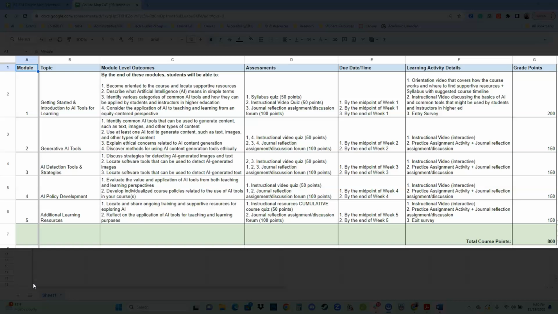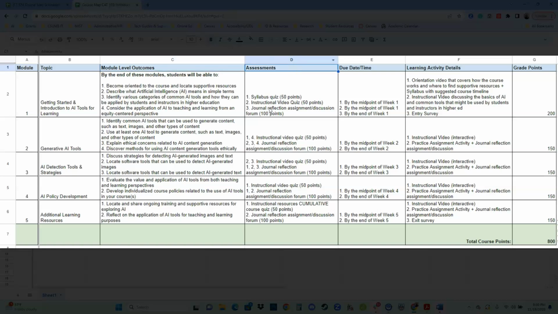So I want you to create something similar to this that's going to be a lot smaller than this. Okay, we're going to start really, really tiny, but I want to show you what this looks like. Now we're going to start with our learning outcomes, right? That's this first column, and there's several outcomes here. We'll talk about those more in a second. And then we have our assessments, right?